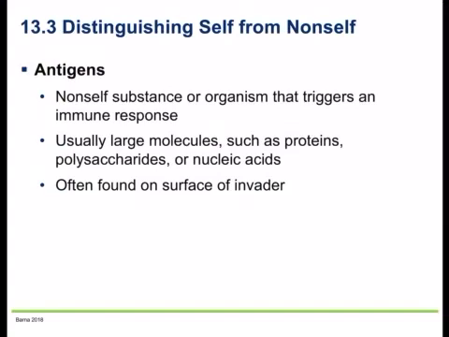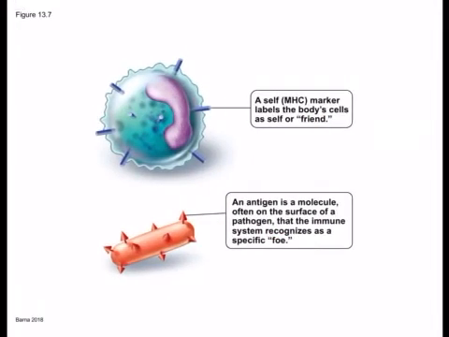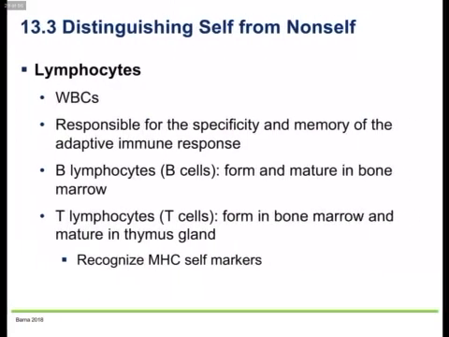So it may be like triangles or stars or circles, and our B cells and our T cells, they actually went to school in our thymus and our bone marrow, and they went to school to kind of learn about these because remember we have specificity here. And so they can recognize that via those surface markers. So you can see here just showing an antigen versus a self-MHC marker here.